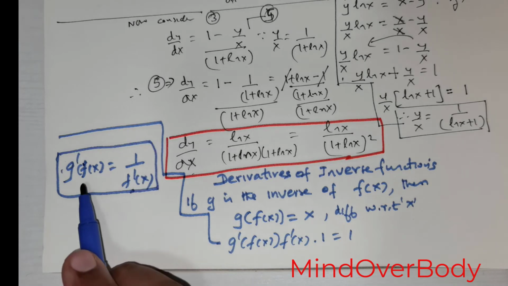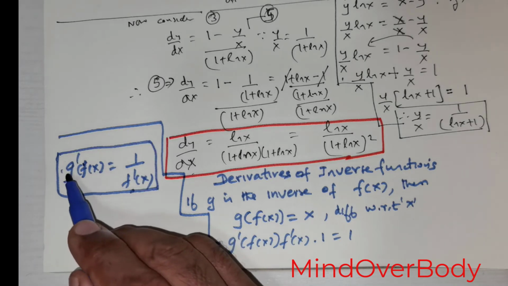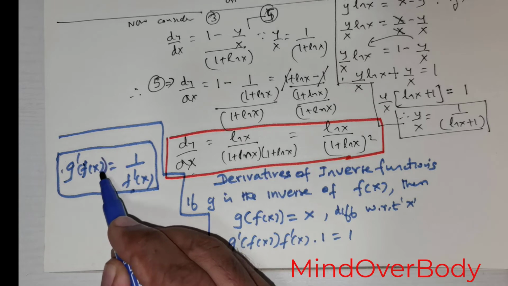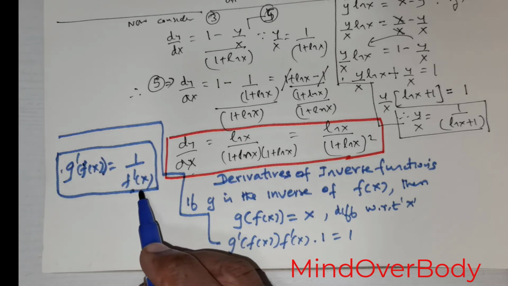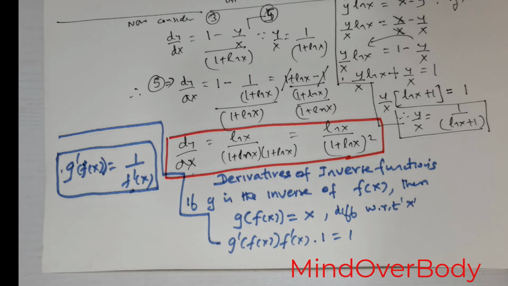So this is very important. So g dash of f of x is equal to 1 over f dash of x. So having obtained this all important relationship that connects the derivative of the inverse of a function to the derivative of a function, we will be using this to solve related questions.